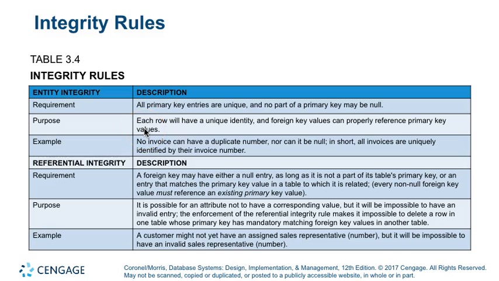That's another rule about integrity. An example of integrity is you can't have duplicate invoice numbers. You can't have blank invoice numbers, meaning all invoices are uniquely identified by their invoice number. There's nothing else needed to find the correct invoice except what's the invoice number. You get everything from there.